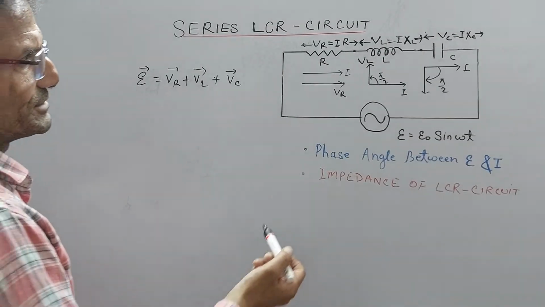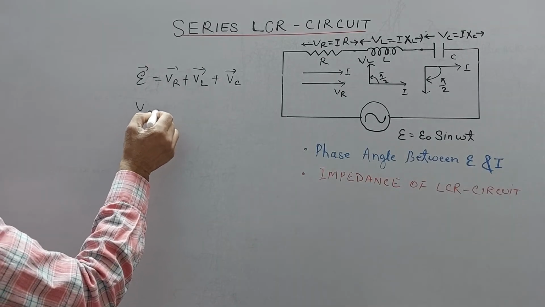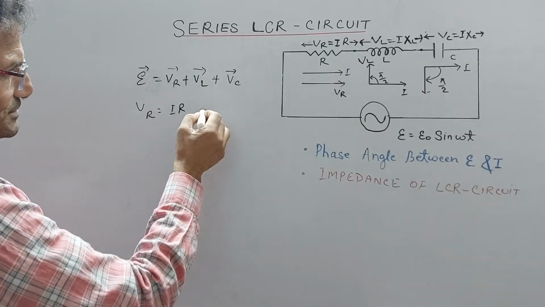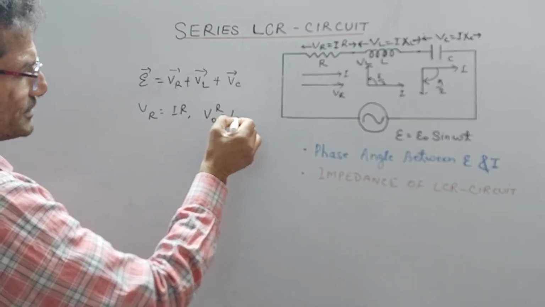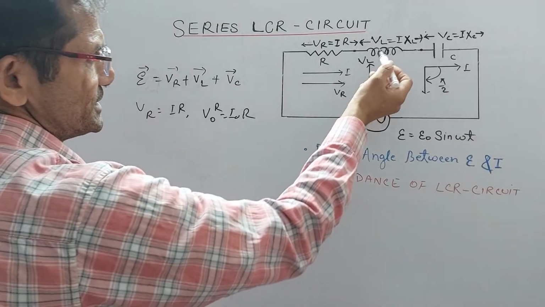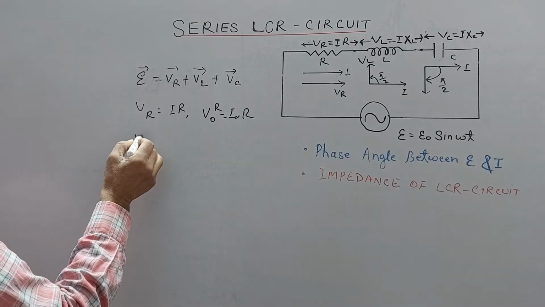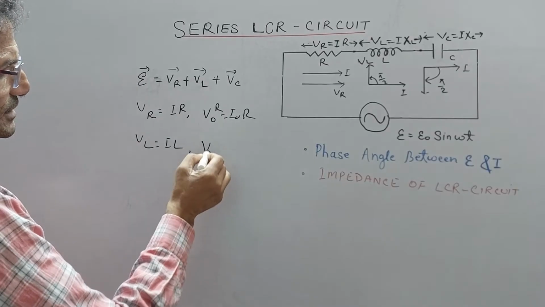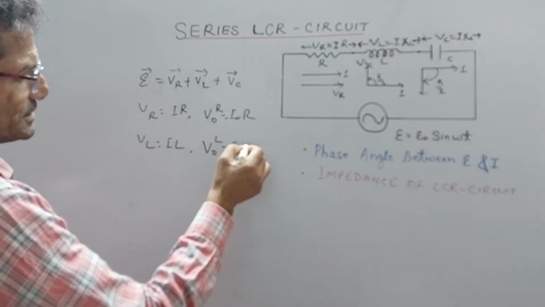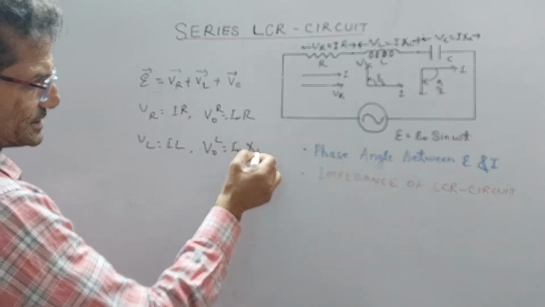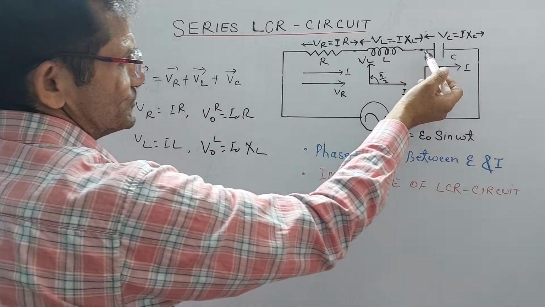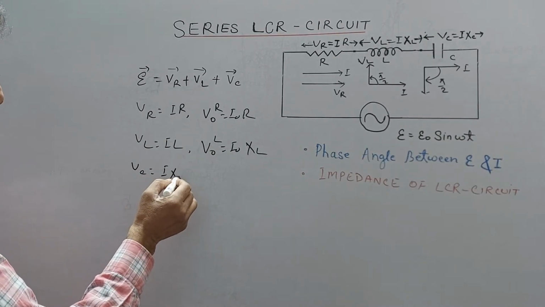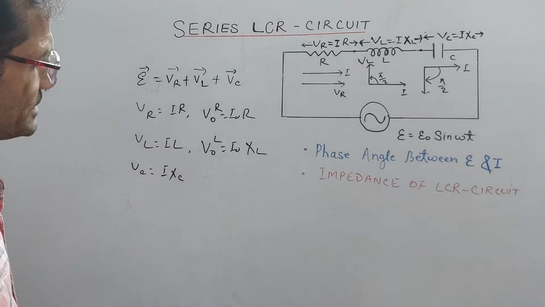Here at any particular time, the voltage across the resistor is VR equal to IR, and the maximum voltage across the resistor would be V naught R equal to the maximum current times R. Similarly, the voltage at a particular time t across the inductor is VL equal to I times XL, and the maximum voltage across the inductor becomes I maximum times XL, where XL is the inductive reactance. Similarly, the voltage across the capacitor at a particular time t is VC, which is I times XC, where XC is the capacitive reactance.